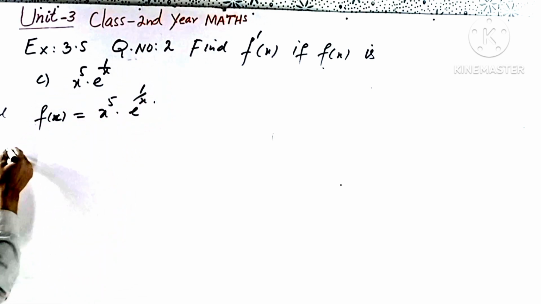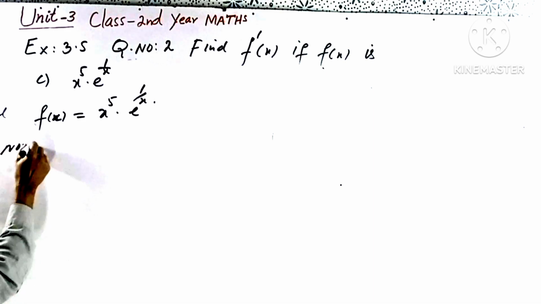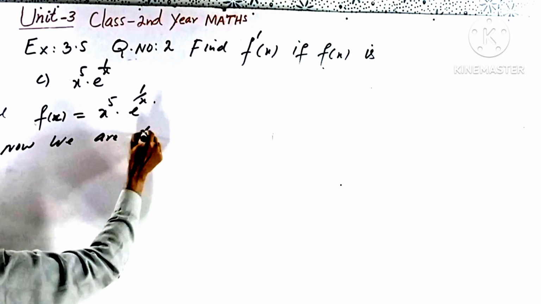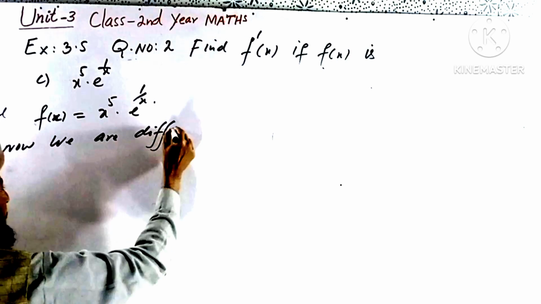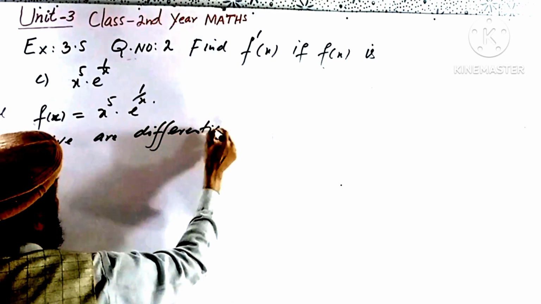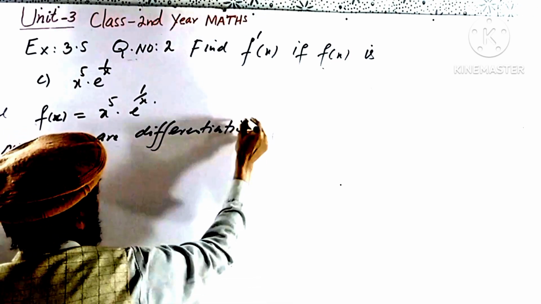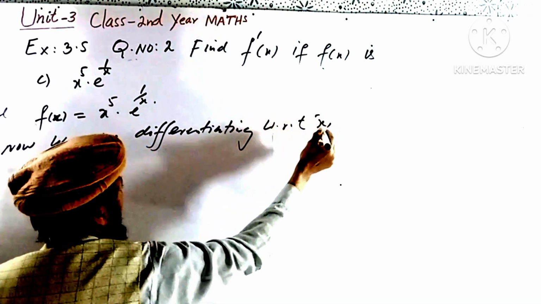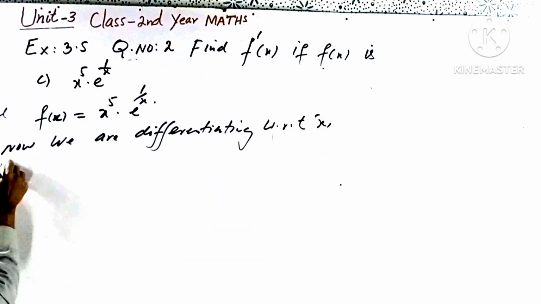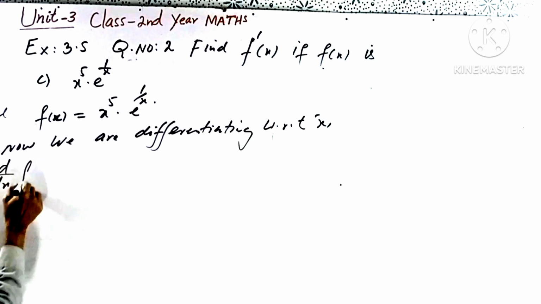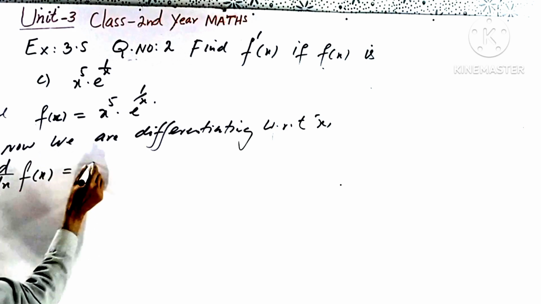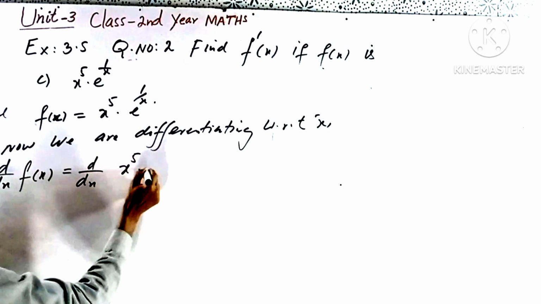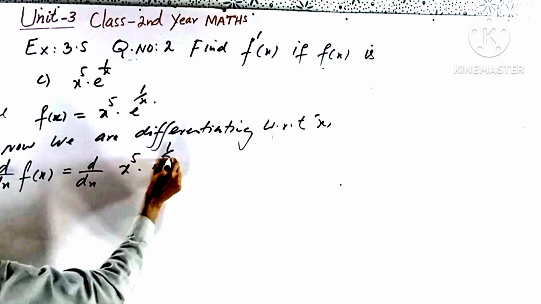Now we are differentiating with respect to x on both sides of this equation. dy by dx of f of x is equal to dy by dx of x power 5 e power 1 over x.